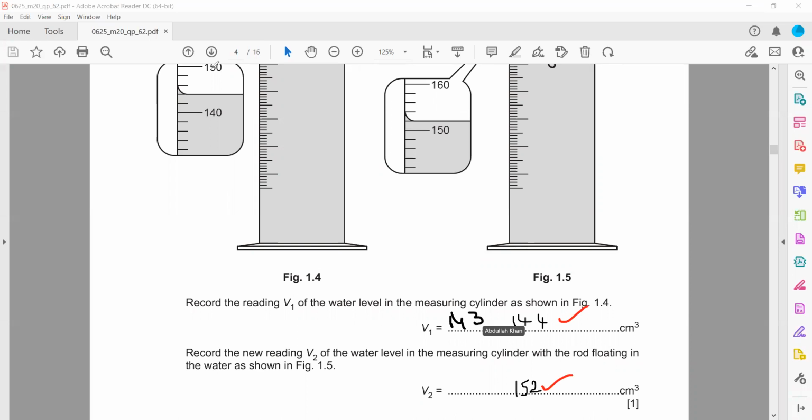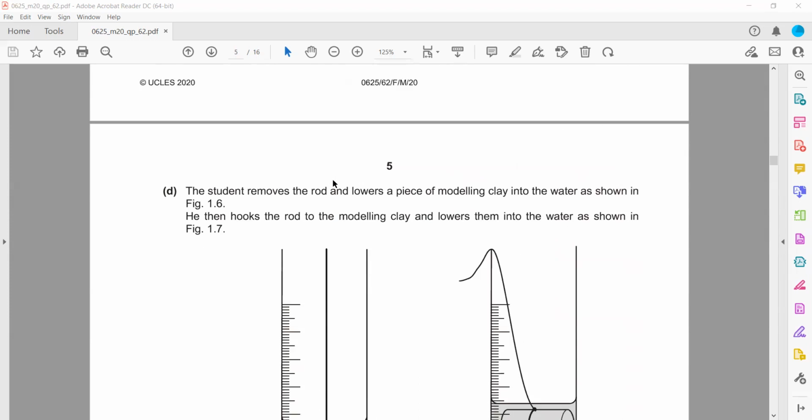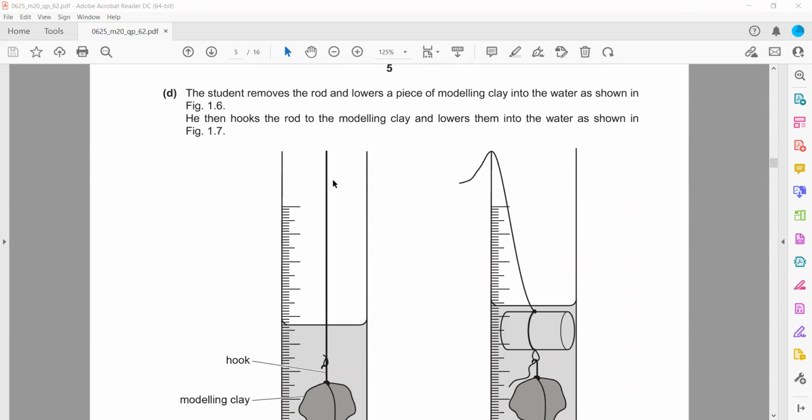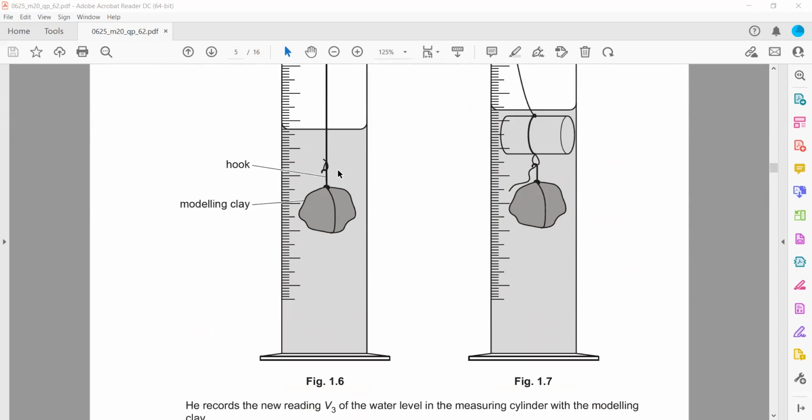144 is right, because from 140 to 150 there are 5 lines. So each line is representing 2. That is why it is 142, 144, 146, 148, and 150. So 144 is the right answer. Then the student removes the rod and lowers a piece of modeling clay as shown.